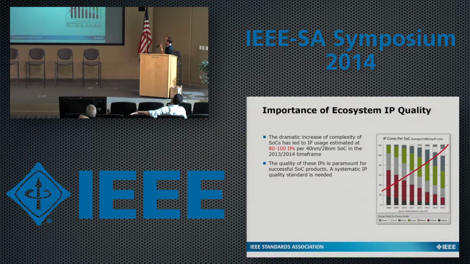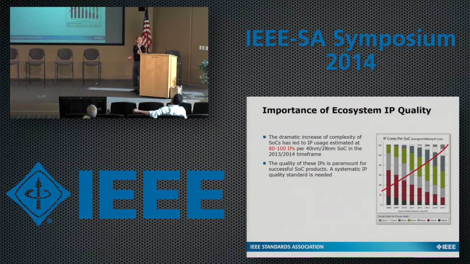If you look at the importance of IP quality, the best way to look at it is from the SoC, going from the early days to now 40, 28, and then 16 nanometer. There are probably between 50 to 100 IPs in every SoC. A lot of these probably come from different vendors, and you have to source and qualify all of them before you put them into the SoC.